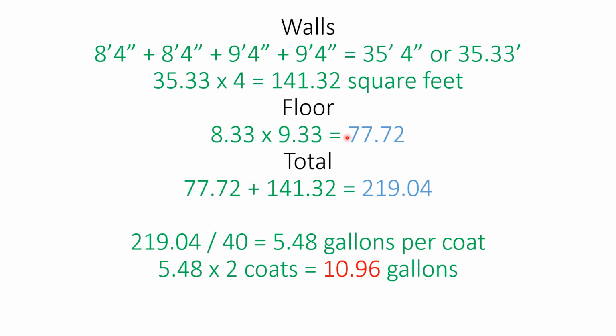We have 77.72 for our floors. We add those two together, we get 219.04. Okay, 219.04 square feet. A gallon does 40 square feet. 219.04 divided by 40 equals 5.48 gallons per coat.